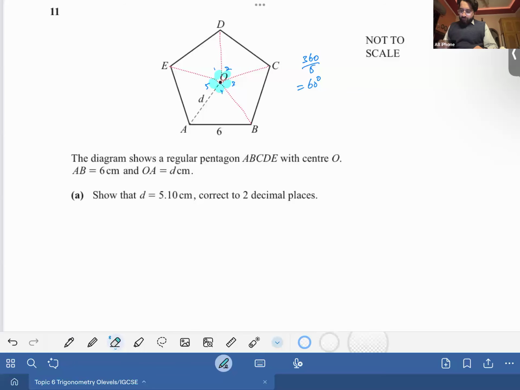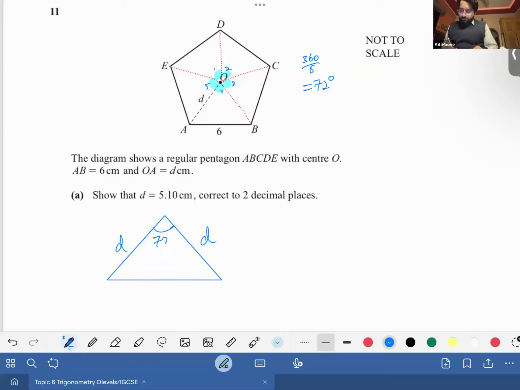We got the idea that this is my triangle. This is small d, this is small d, this is 72, this is 6. So this is obviously isosceles. 180 minus 72 is 108, and 108 divided by 2 is 54 degrees each.